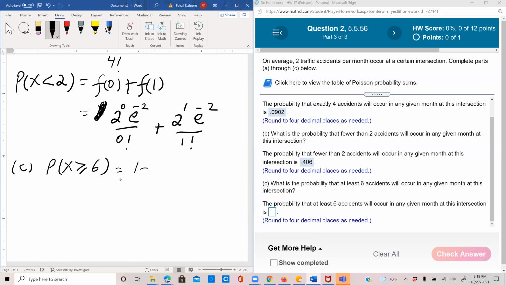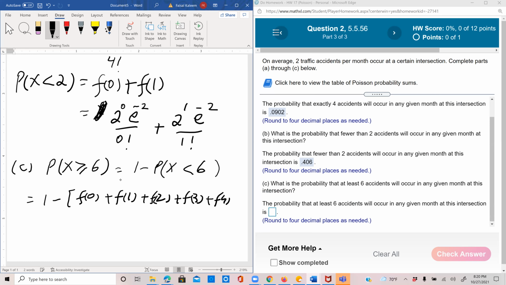So that'd be 1 minus probability x less than 6. So x less than 6 means less than or equal to 5. So that's 1 minus f of 0 plus f of 1 plus f of 2 plus f of 3 plus f of 4 plus f of 5.